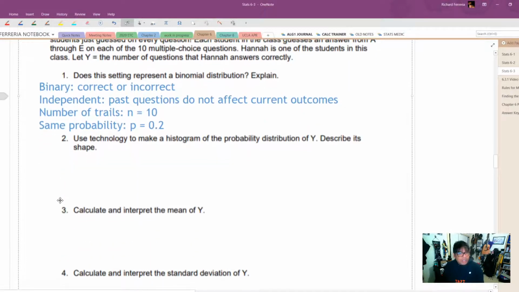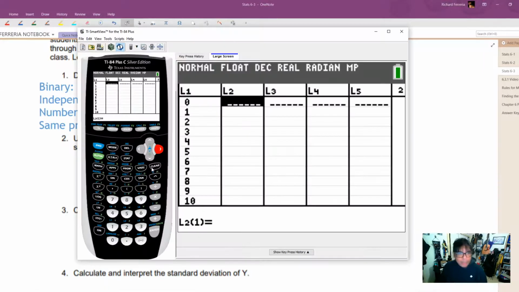Next, use technology to make a histogram of the probability distribution for y, and describe its shape. So we're going to apply what we learned in our calculator. The first thing that we have is all of our outcomes here in L1. Now for L2, I'm going to scroll up to the top and push enter. If your list is empty, you should just have this blank here, and that's what you want.